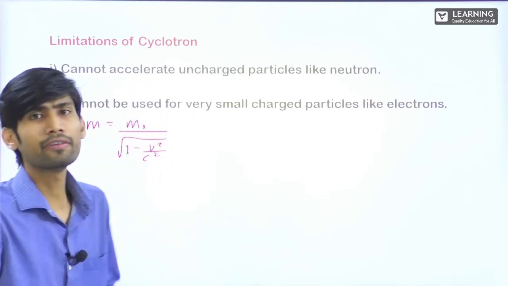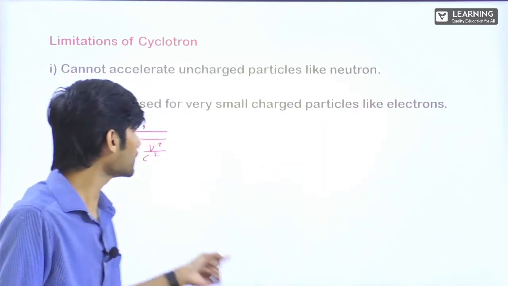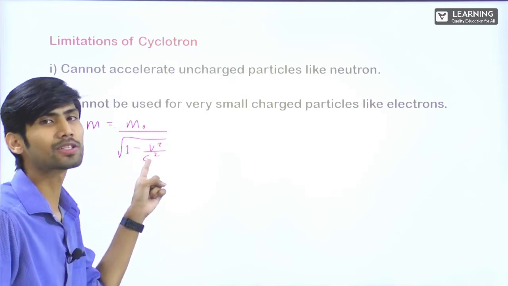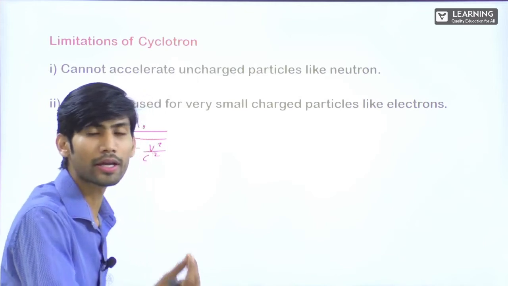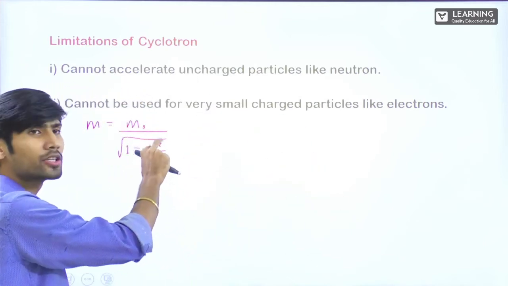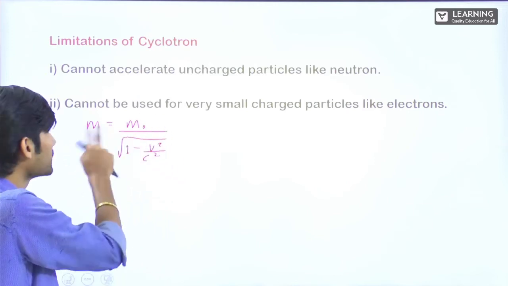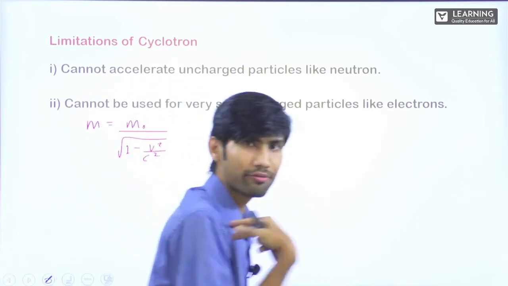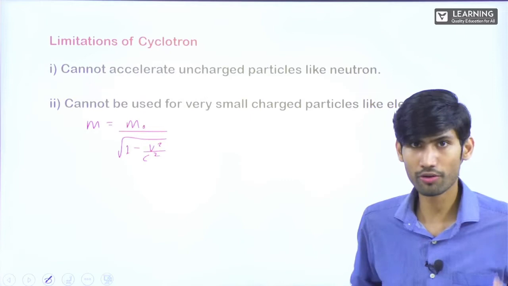Correct? But when we run, we don't experience a change in mass. The reason, this is v square by c square. C is the speed of light. So our velocity cannot become comparable to the speed of light, because of which this term remains zero, and this is m naught by under root 1, that is m naught by 1. So m is equal to m naught. So if we run, our speed cannot become comparable to the speed of light because of our mass also.